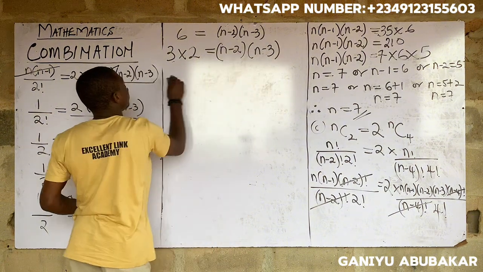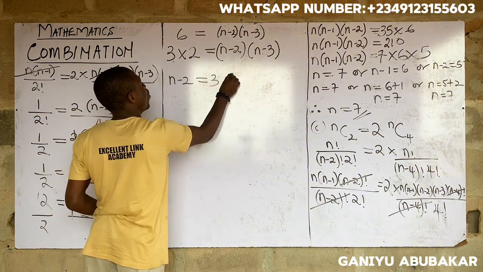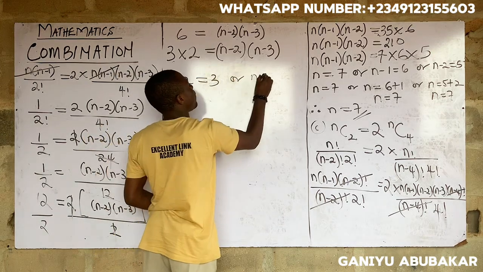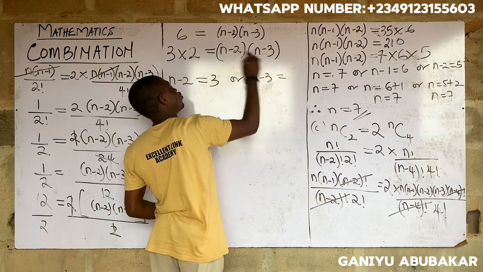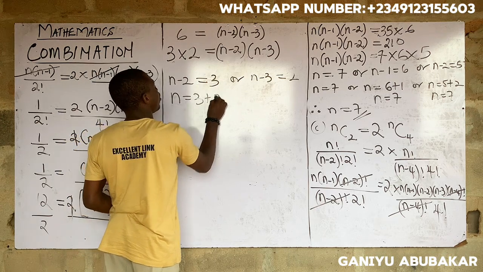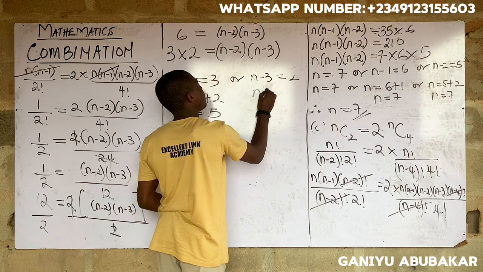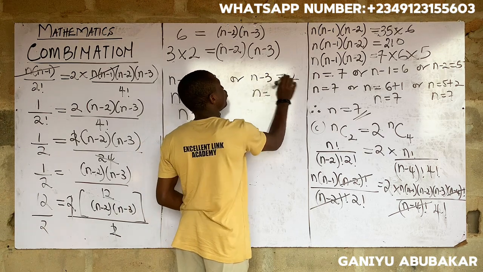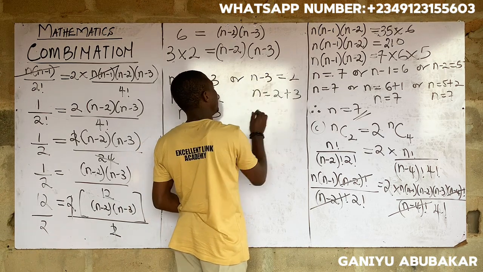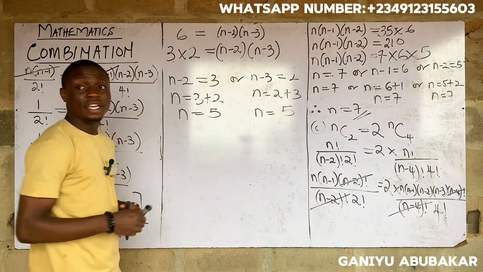So pick out this one, n minus 2 equal to 3, or pick out n minus 3 equal to 2. This gives n equal to 3 plus 2, n is 5, or n equal to 2 plus 3, n is still 5. So my value for n here is 5.